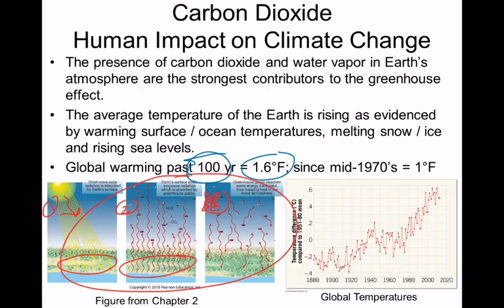In about 45 years, of that 1.6 degrees, one of those degrees has been in the last 45 years. So basically you get 0.6 for 55 years, and then in 45 years you get 1. Does that make sense? Okay, and so, like the slide says, the warming process is escalating.